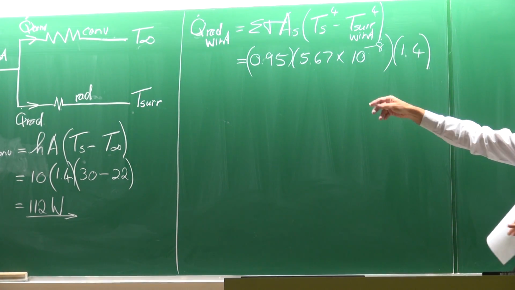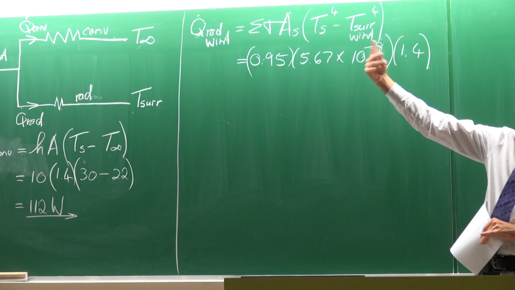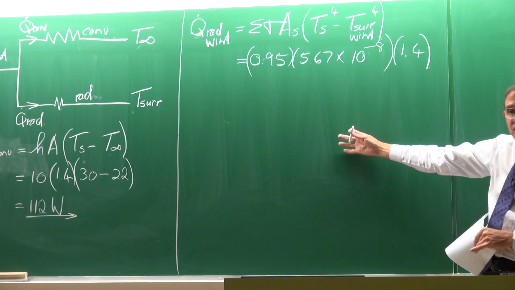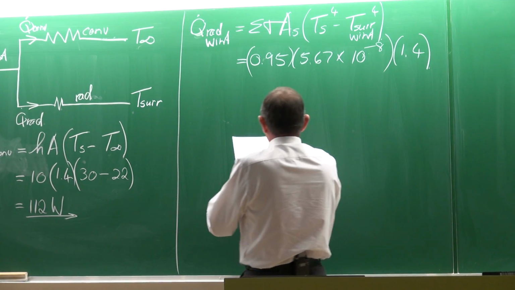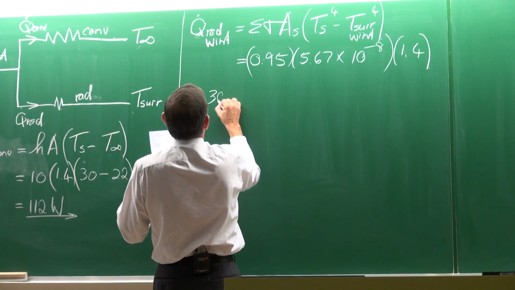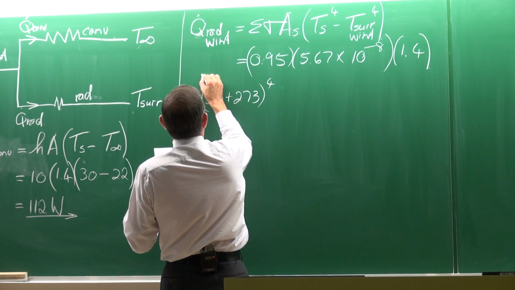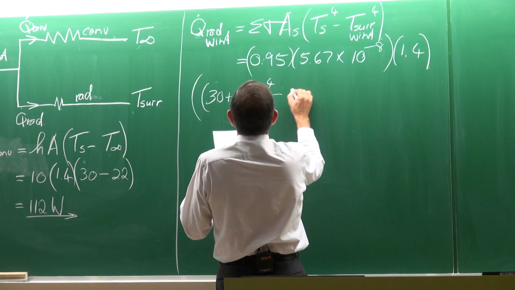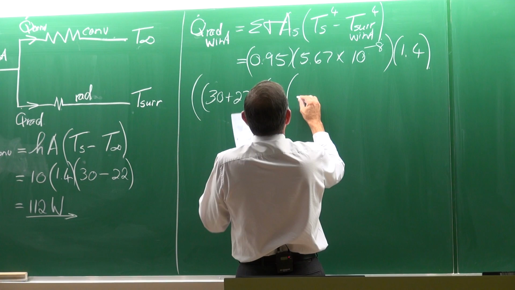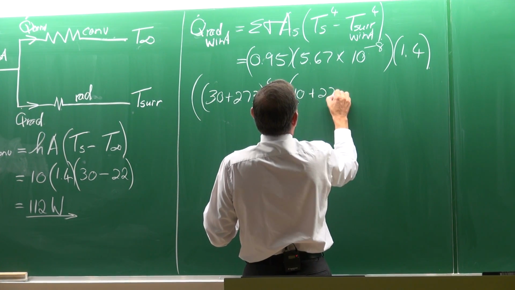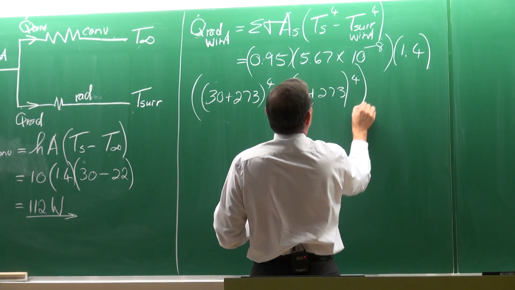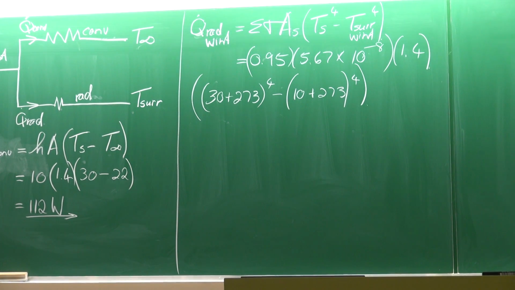However, take note, because of this, we have to work in Kelvin. We cannot use degrees Celsius. So the surface temperature is equal to 30 plus 273, everything to the fourth, minus 10 plus 273 to the fourth, like that.